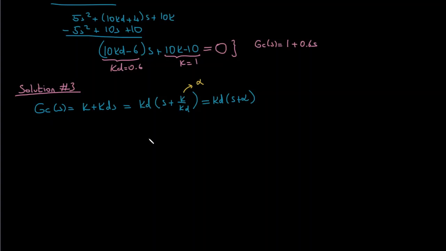So let me draw an S-plane first. So let's try to do something like this, okay? So this is our S-plane. And let's have a look at the open loop transfer function.